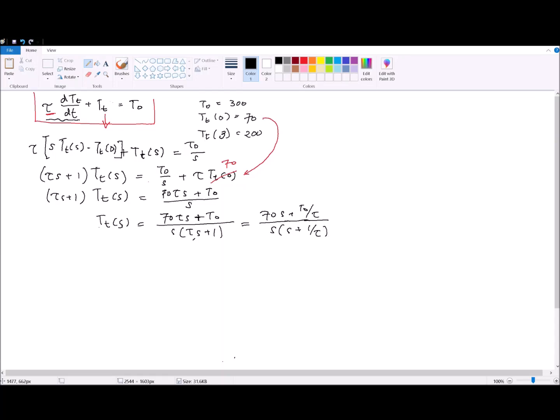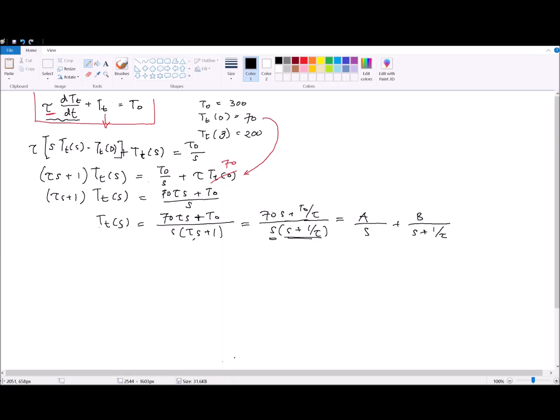And then what next? I will simply do the partial fraction expansion because I have two factors in the denominator, s and s plus 1 over tau. I will change this into a form that looks like this, with A over s plus B over s plus 1 over tau.